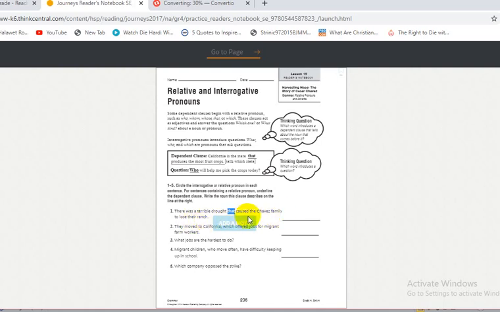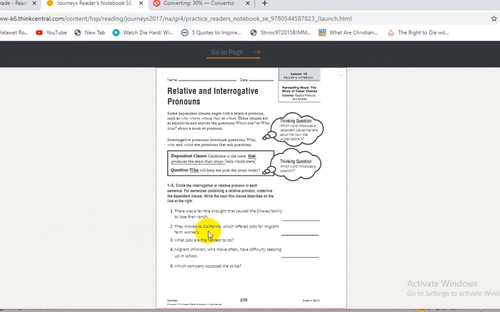So we're going to underline this whole clause. And what is the noun that it describes? It describes the drought. Which drought? The drought that caused the Chavez family to lose their ranch. Easy, right? Let's move on to number 2.